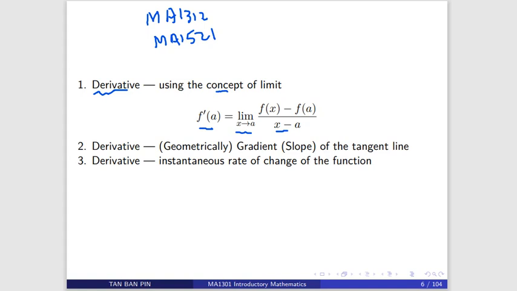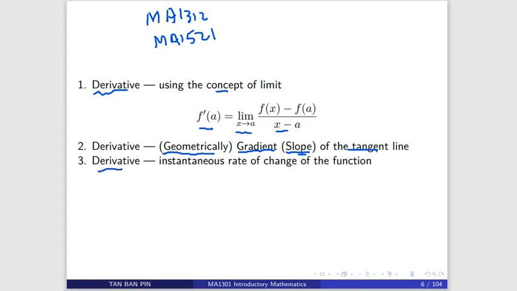Derivative can also be interpreted geometrically as the gradient of the tangent line. And for the gradient, in this course sometimes you use the word slope. So for this course, slope and gradient mean the same thing.